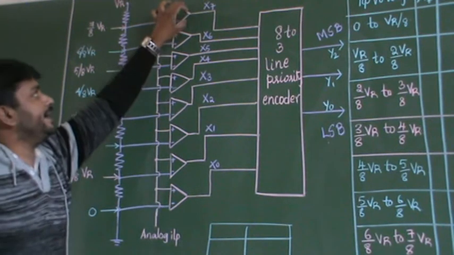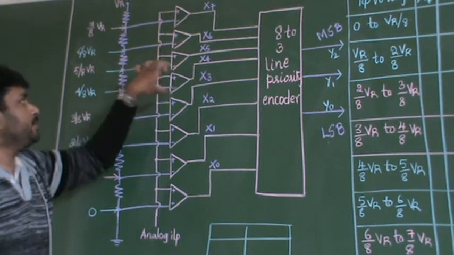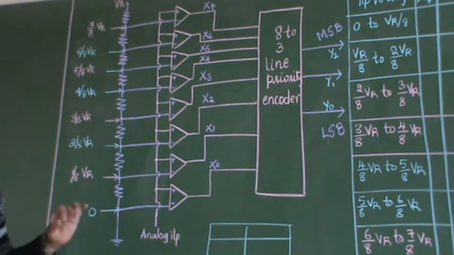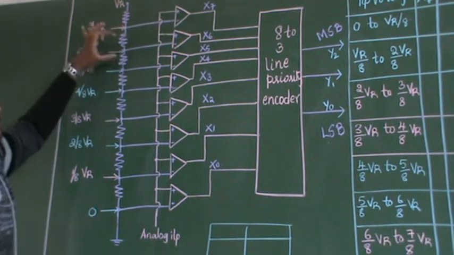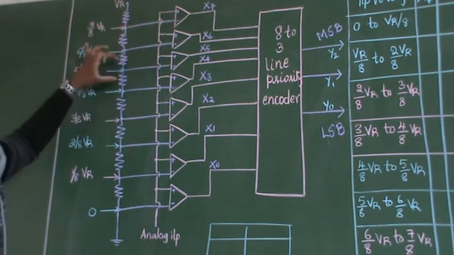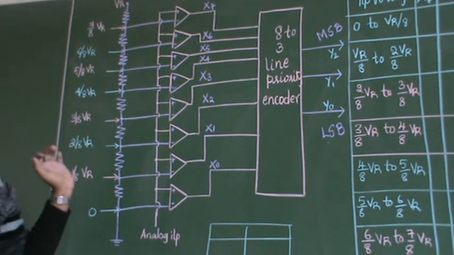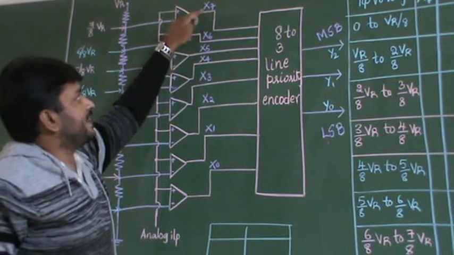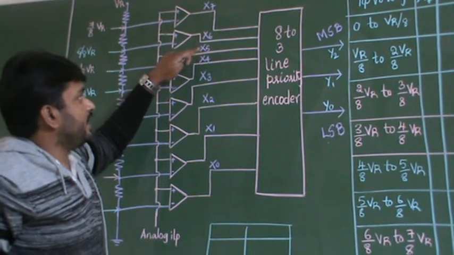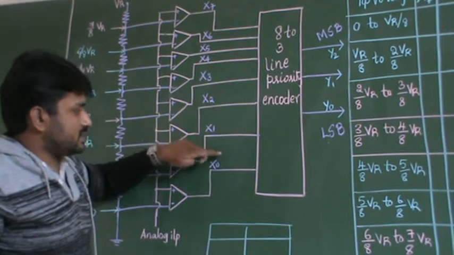The outputs of the comparators are represented as x7, x6, x5, x4, x3, x2, x1, x0.